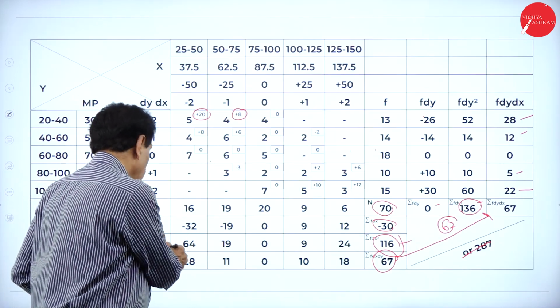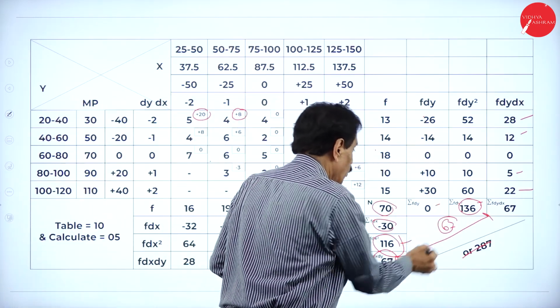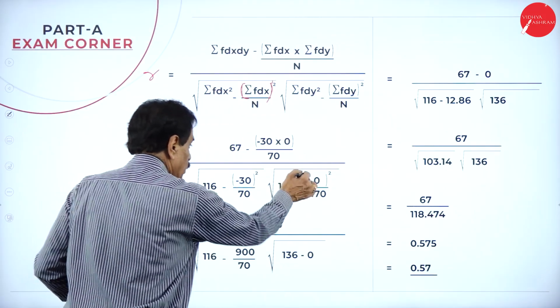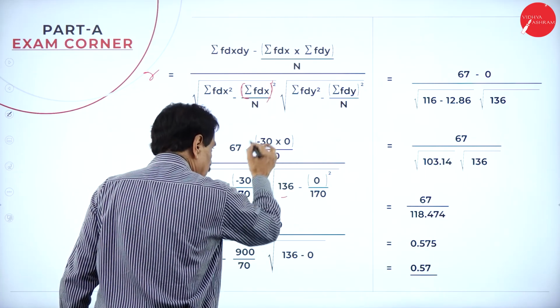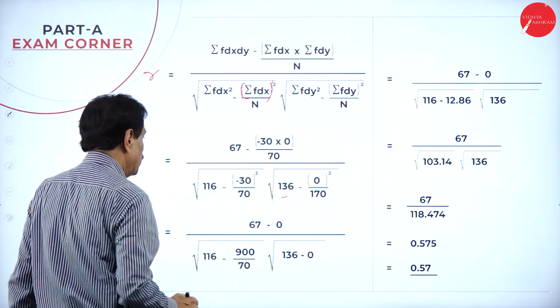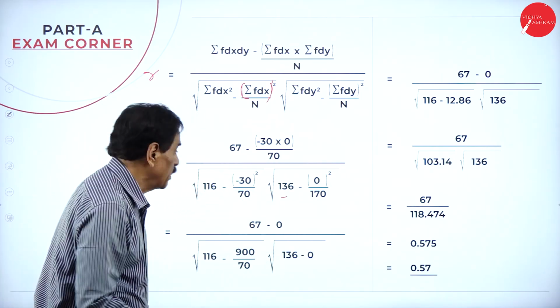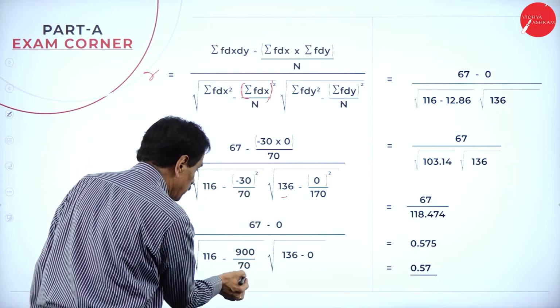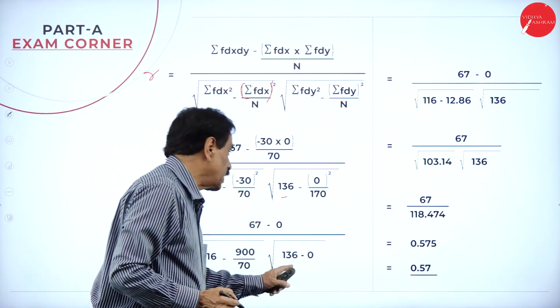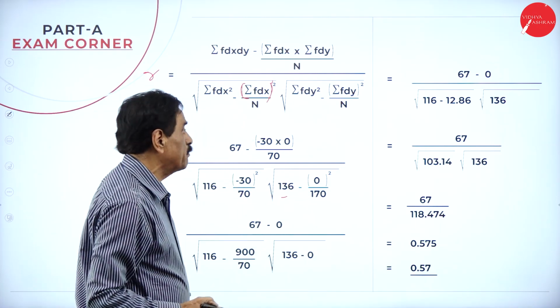You come back, f dy square is 136 minus 0 divided by any number is 0. 30 divided by any number is 0 here. 67 leaked out. 116 minus 30 whole square is 900. Minus into minus plus. This is 136 minus 0 divided by any number is 0.